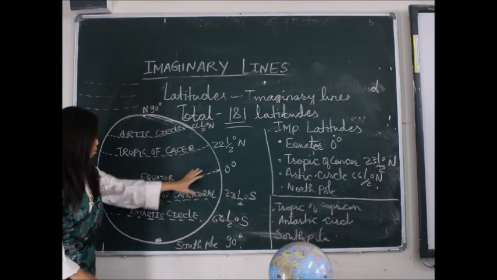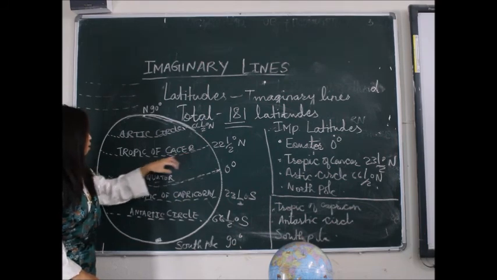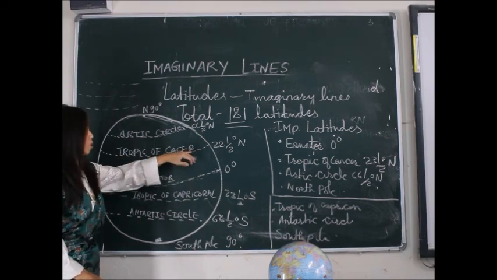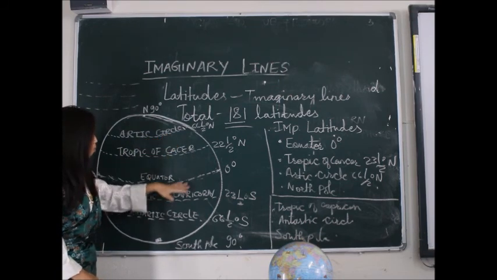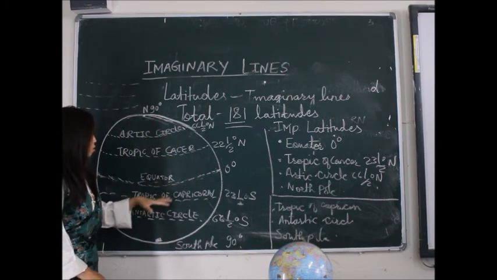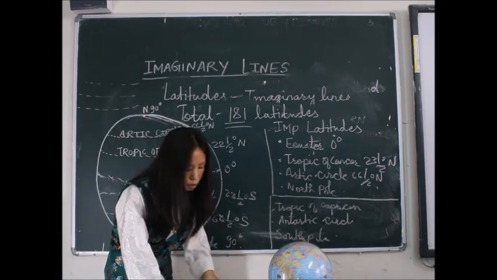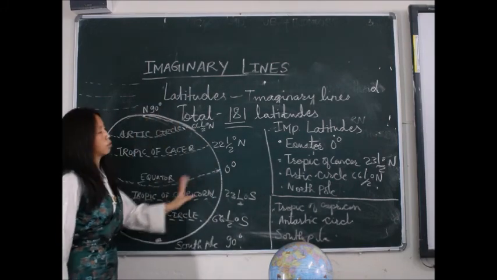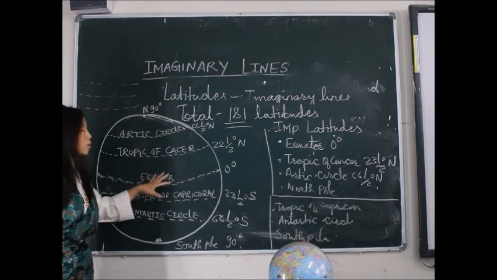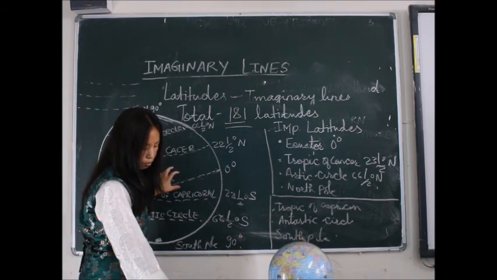Yes or no? The equator is longest, and if we move further, it reduces. So from equator, the circles are reduced. Among all the latitudes, equator is the most important, and it is the longest latitude.